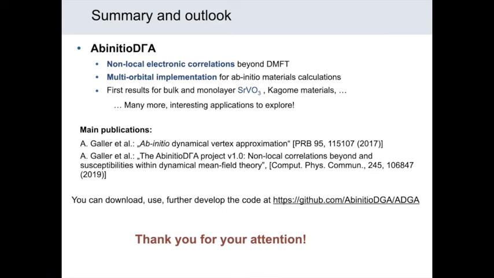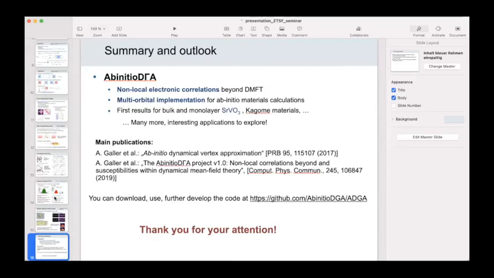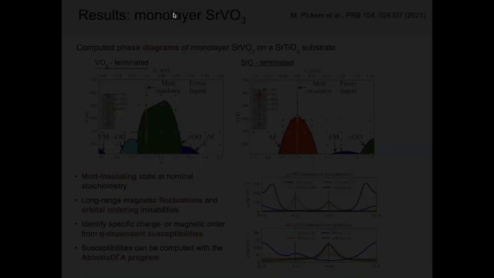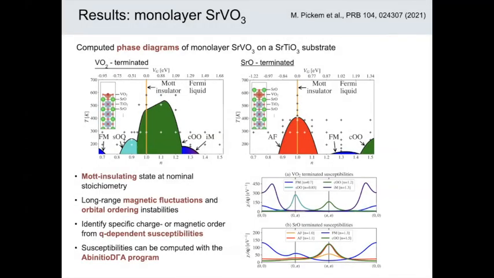How would it compare to the DMFT results? No, so actually, in the monolayer, they calculate what I show here. You can see the slide, right, of this monolayer strontium vanadate. It's not really DΓA results. There is no DΓA self-energy here.